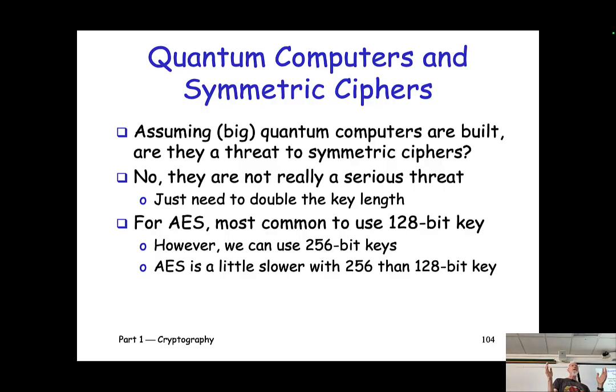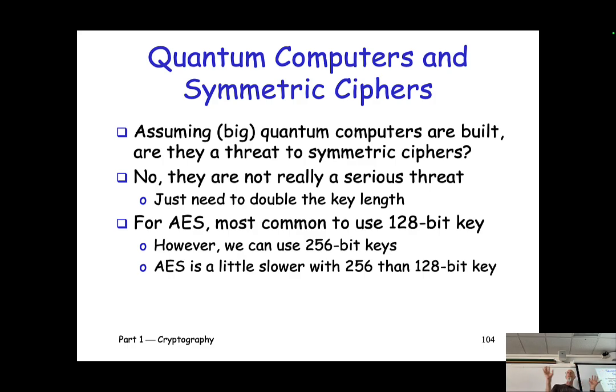And I could use AES with a 256-bit key, and it would take just as long to break that on a quantum computer as it takes to break a 128-bit key on a classical machine. I mean, it does slow things down a little bit using longer keys. You have more rounds in AES and all that sort of stuff. So it's a little bit slower, but it's not earth-shaking.